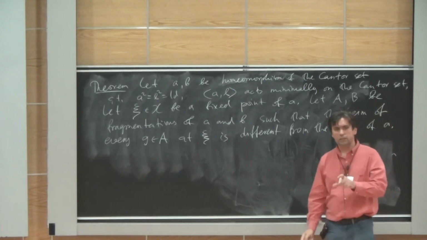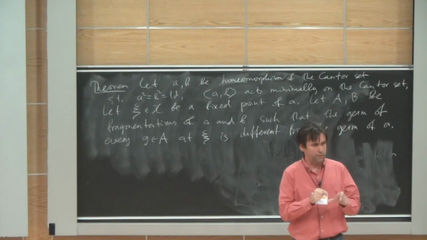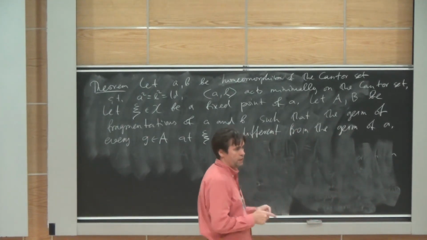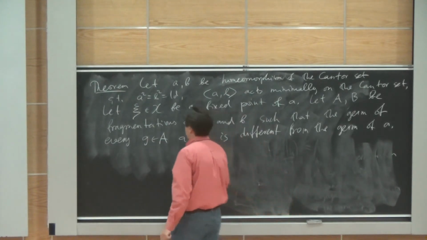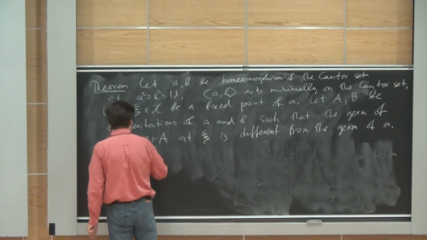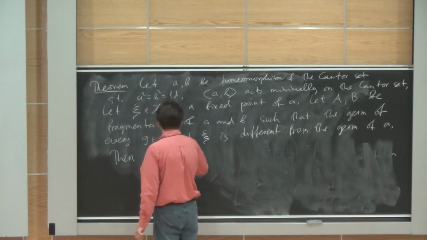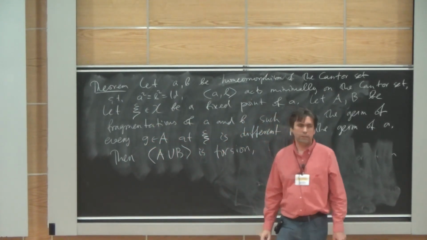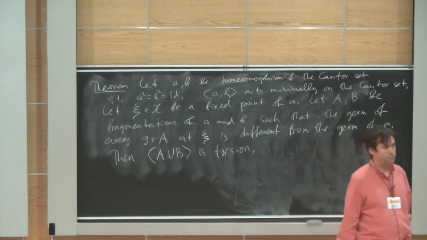So you take a fragmentation such that the germ around the fixed point of every element of the fragmentation is different from the germ of the element A. Then the group generated by 𝒜 and ℬ is torsion. Torsion means that every element has finite order.